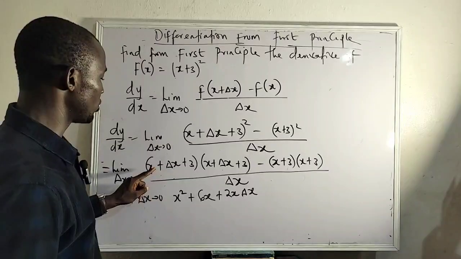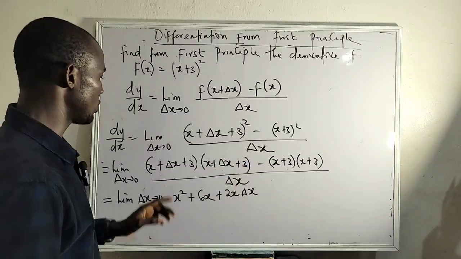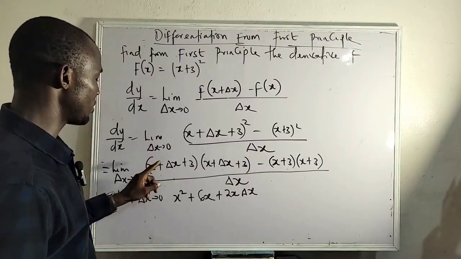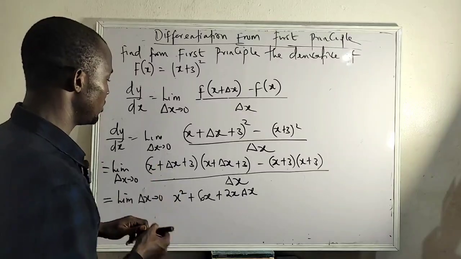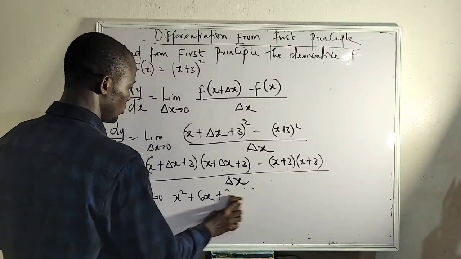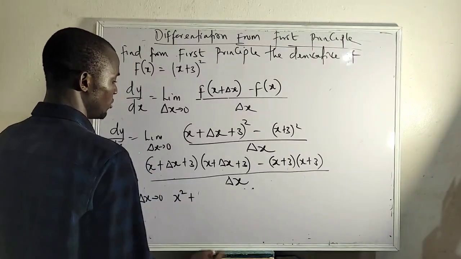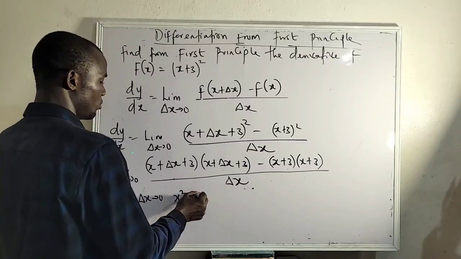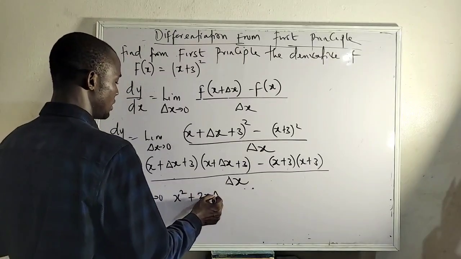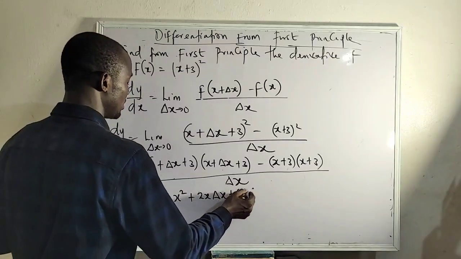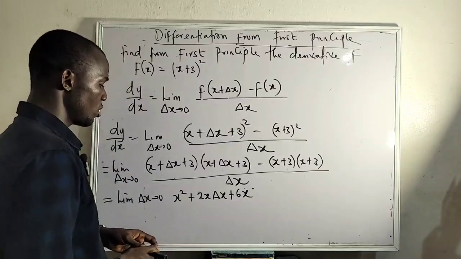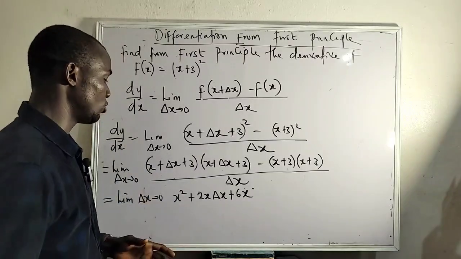Now, I'm multiplying x by 3. Okay, we've done that. X times x is x squared. And then this one should come first, actually, so let me put it in order. We will do 2x change in x plus 6x. All right, that's what we are going to do.